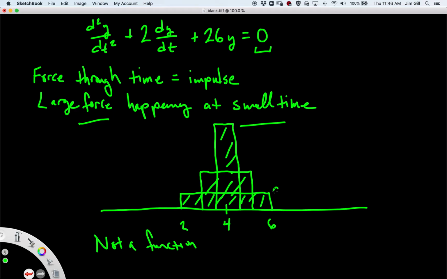Let's call this first function here G1. That's the first squat rectangle that I drew. Let's call this G2. And let's call this top one here G3. And we can think of what G4 is going to be. It's going to be twice as tall and half as wide. And G5 will be twice as tall as G4 and half as wide as G4.